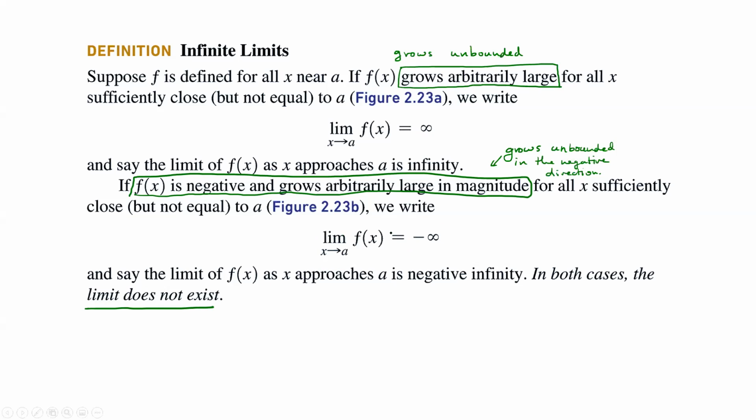So in either of these cases, we can be more technical and say that the limit does not exist, but we're being a little bit more specific about its behavior when we write this. We're describing how the function behaves as x approaches a: it's blowing up to infinity. Or as x approaches a, it blows up to negative infinity. So that means it's going in the downward direction.